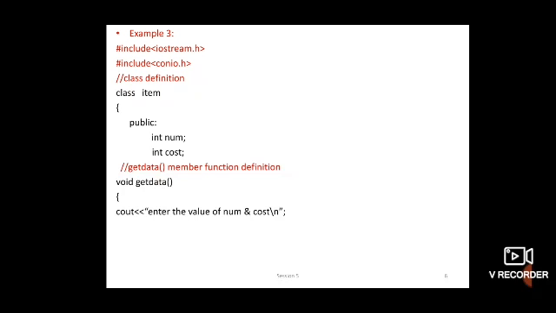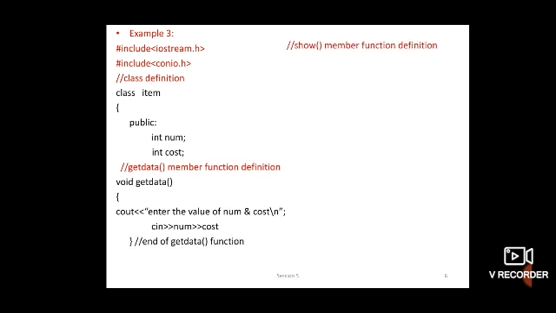Cout just prints the statement enter the value of num and cost. Now \n means print on the next line. Now store the value through the cin statement. So whatever value is entered at runtime, the first value is stored in the num variable, the second value is stored in the cost variable. Now end of get data function.